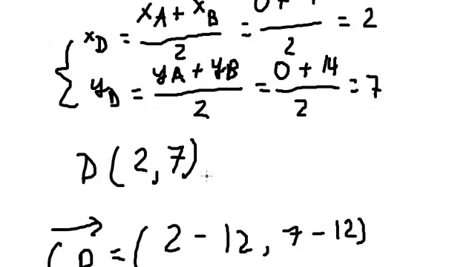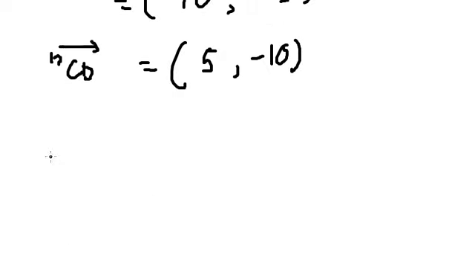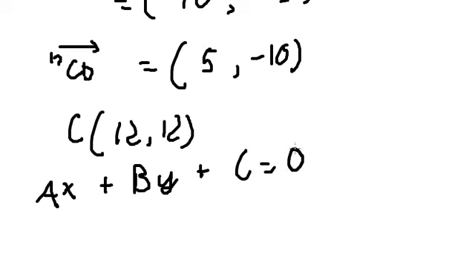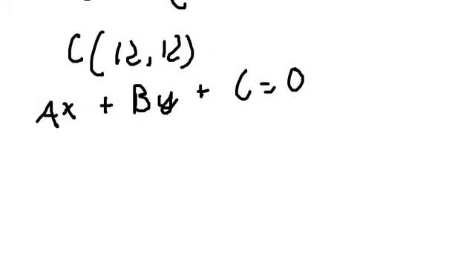Now I will select point C. I will put C in here because both C are on the normal vector of CD. So we have Ax plus By plus C equals 0. So 12 and 12 we put for x and y. The normal vector 5 we put for capital A, and negative 10 we put for capital B. And now we have like this.